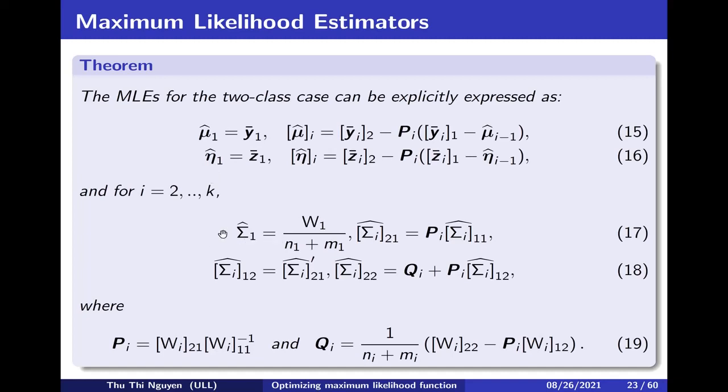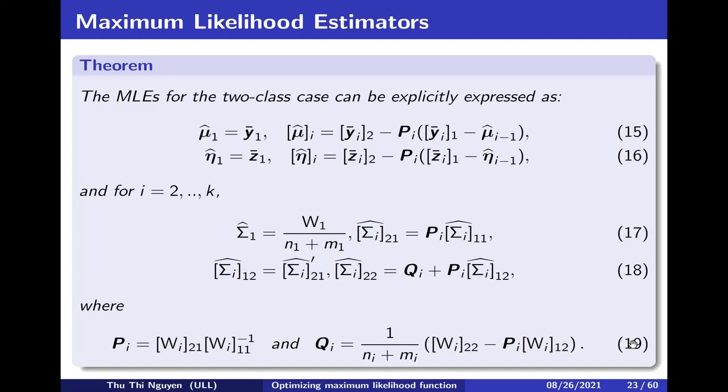For the estimate of the covariance matrix, we first estimate sigma 1 hat based on W 1, and then we estimate the components of sigma I based on equations 17 and 18. Here B I and Q I are given in equation 19.